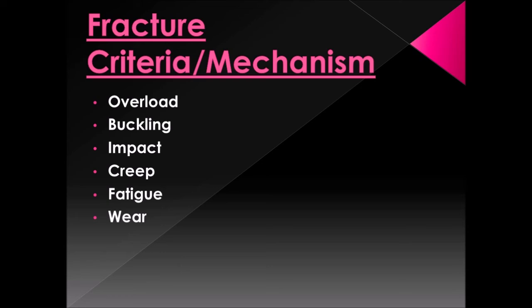Okay, so these are the 5 main fracture criteria. The last one is wear. This mainly occurs when there is some underlying pathology, or when we are dealing with old age people. Because of old age, the bones have less mineralization, they have less strength than normal bones.